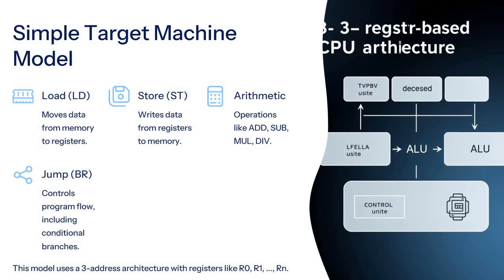And next is arithmetic operations like addition, subtraction, multiplication, division, etc. And the last one is jump or branch. These instructions manage program control flow. So the architecture follows a three address format using registers like R0, R1, R2 and so on. The simplified model helps us understand the fundamentals of generating code before moving on to more complex real-world architectures.